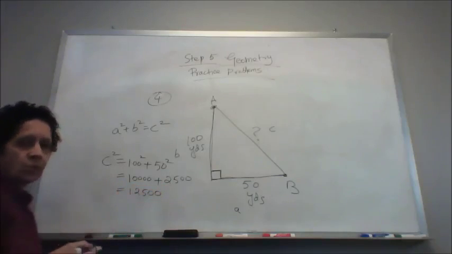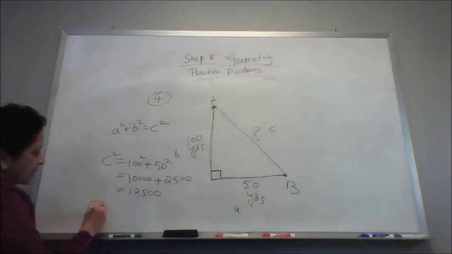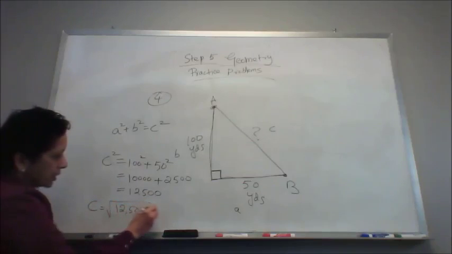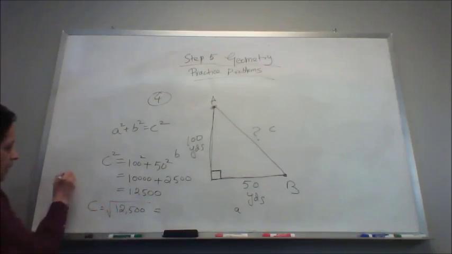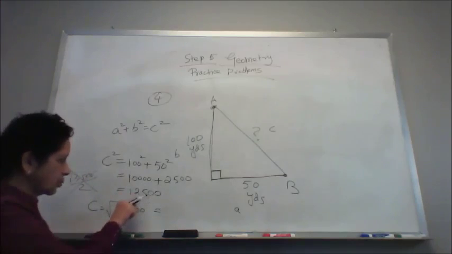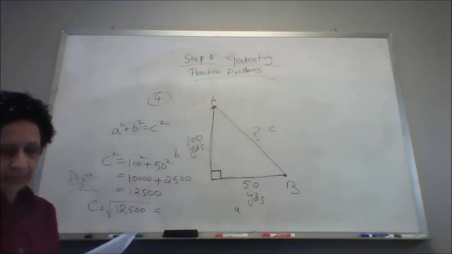So that's c squared. Then c is the square root of 12,500 yards. Remember, it is not 12,500 over 2. That's not right. c squared is 12,500 means that you take the square root of that, okay? That's very important.